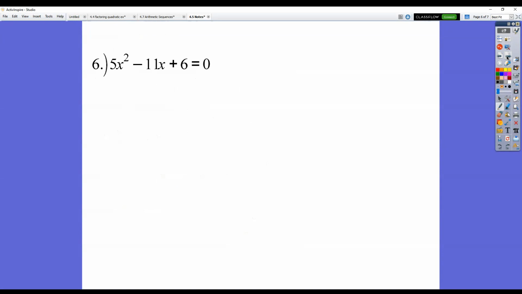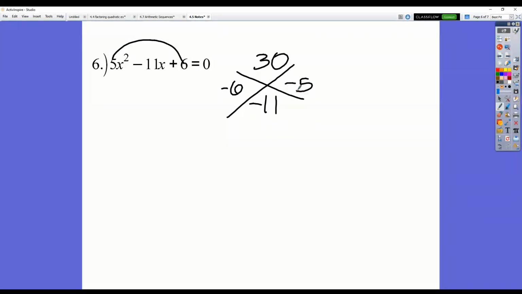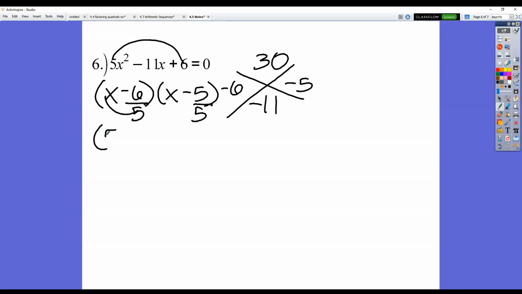Again, gotta slide and divide. So 5 times 6 is 30. Adds to -11. -6, -5. Easy enough. Don't forget to divide by a, which is 5. This doesn't divide evenly, so slide it over.